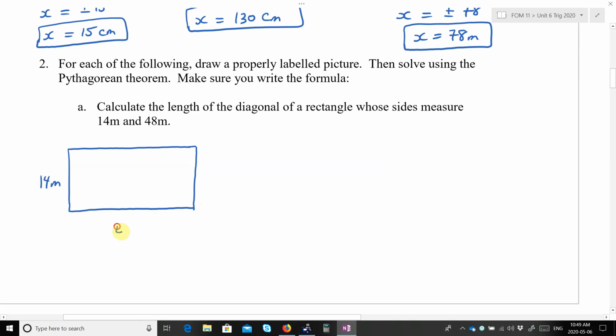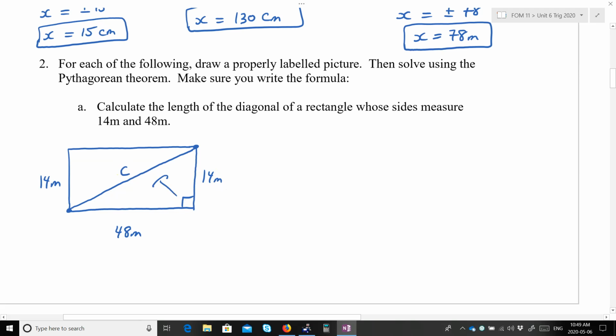Width is 14 meters, length is 48 meters. Diagonal is right there. And actually, maybe we should put the 14 meters here, and there's our 90-degree triangle.